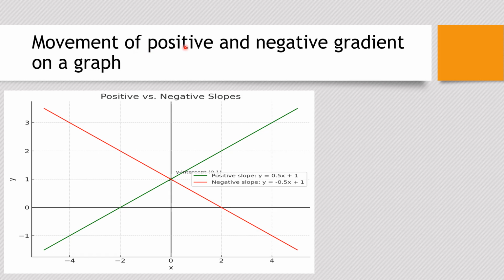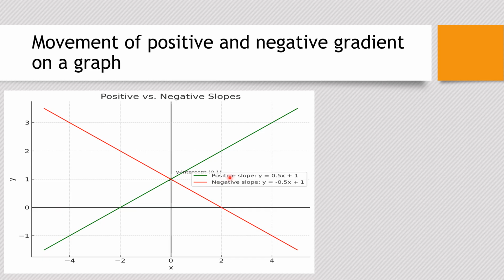Then let's look at the movement of positive and negative gradient on a graph. We have the red line here and the green line here. All of them are linear graphs, but one goes from left to right in an upward form, and another goes from left to right in a downward form. So the green line is rising and the red line is falling.